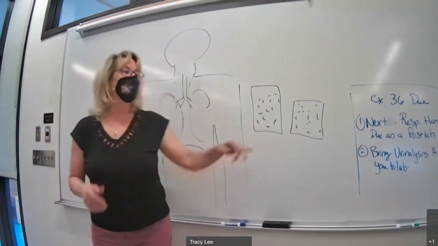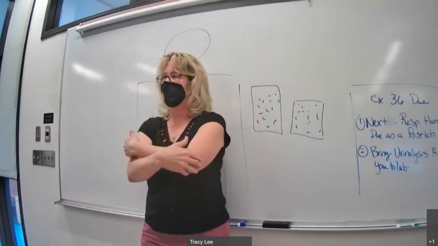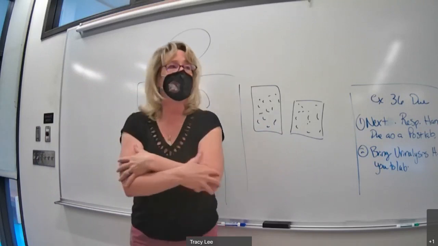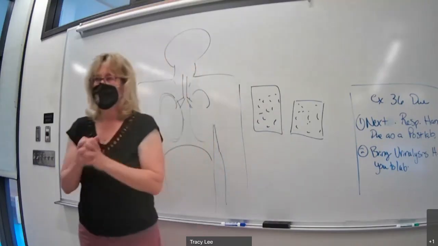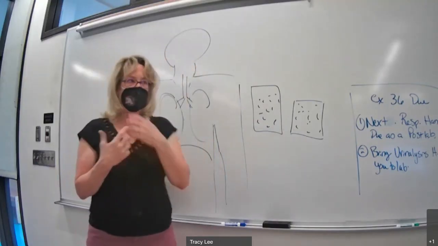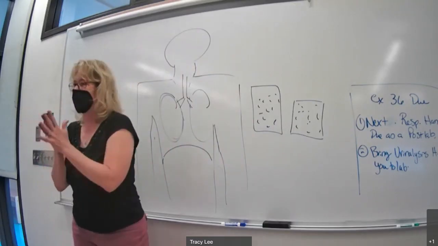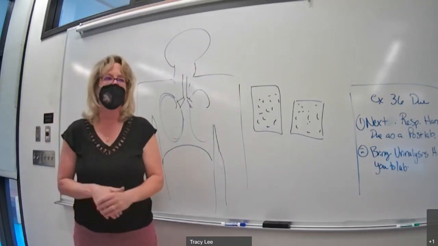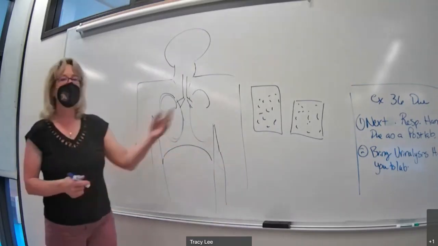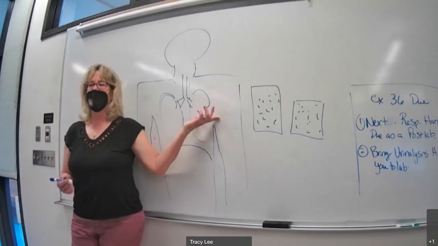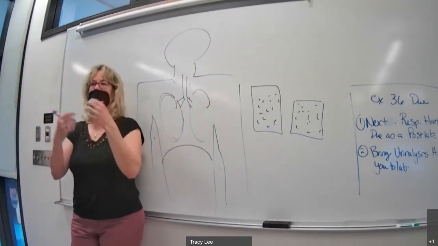Your respiratory system works by doing that. It takes the same number of particles, but it changes the size of the container. If I change the size of the container, do I put more pressure on the particles in the container? Yes. That's how your respiratory system works, is we're basically working on a pressure gradient. How much pressure are we putting on the particles in that container? And the amount of pressure that we have directs the air to either come in or to go out.